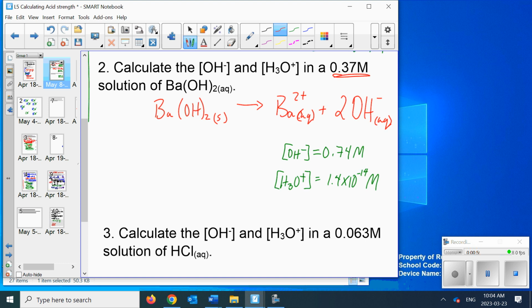So we're told that we have 0.37 molar barium hydroxide. It's going to double, so the concentration of hydroxide is twice that. That's what I then switch.